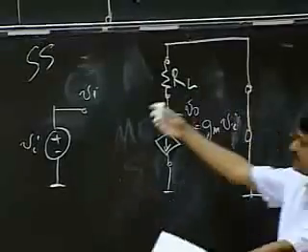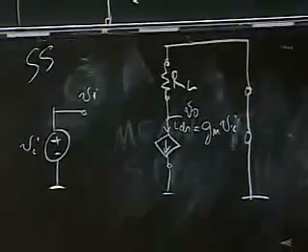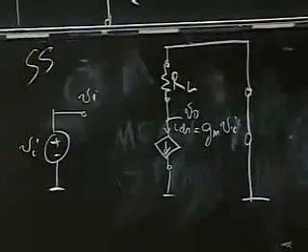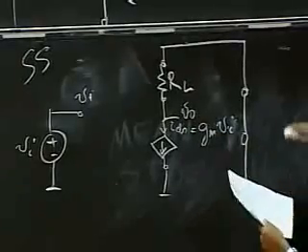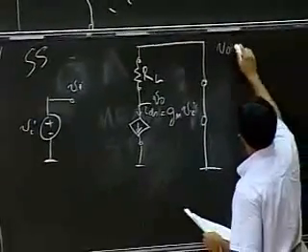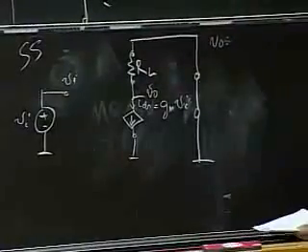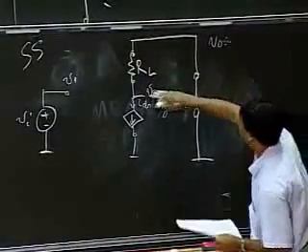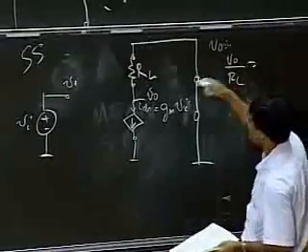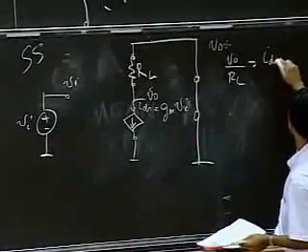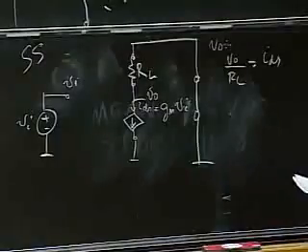Now, these are all linear elements, so I can do a really simple linear analysis. So what method shall we use? Well, this is so simple, I'll just go ahead and use the node method. Applying the node method at the node with voltage vo, the current going up, vo divided by RL, equals the current going down, ids.